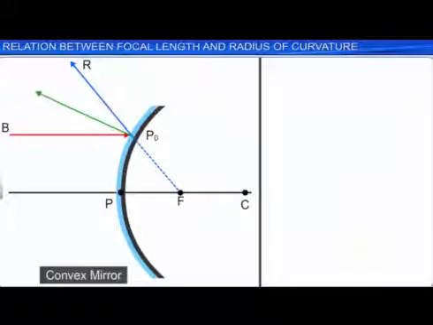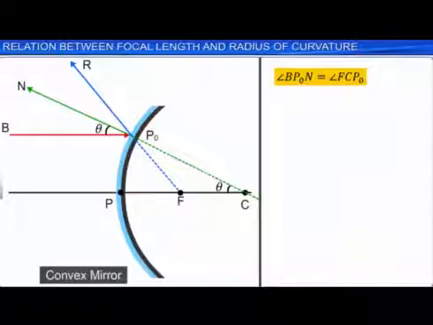In the diagram, P0N is normal to the mirror at the point of incidence P0, and the line extended backward to this normal is P0C, which is shown as a dotted line. From the figure, we can say that angle BP0N is equal to angle FCP0, as both are corresponding angles. Let this be equation 6.